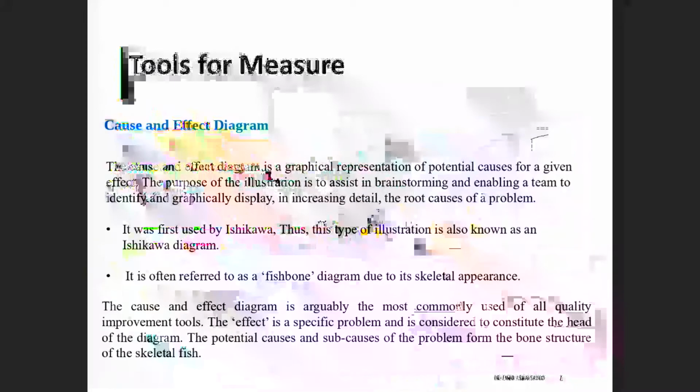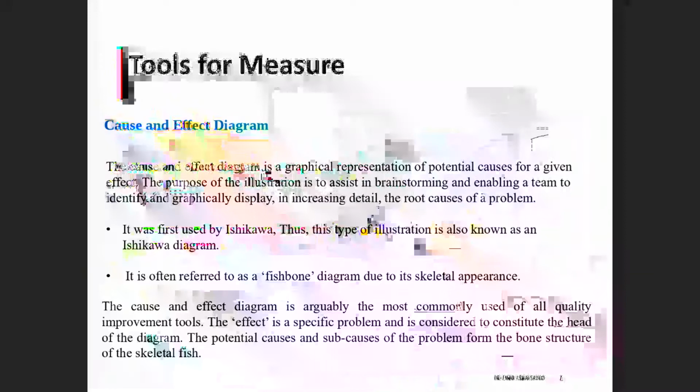Okay. Moving on to an additional tool in the measure phase, which is the cause and effect diagram. Cause and effect diagram is very important, and sometimes you see it in measure or analyze phase, and it is okay, but you don't see it in improve or control, definitely.